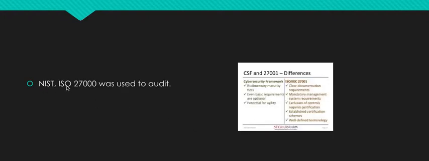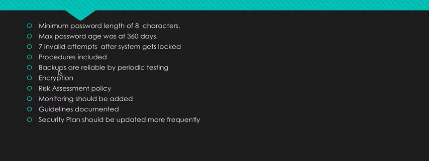NIST and ISO 27000 frameworks were used to audit. This figure right here compares and contrasts the two, and both of them were used to conduct the audit. What we observed from the audit was that the minimum password length was 8 characters. The max password age was 360 days.